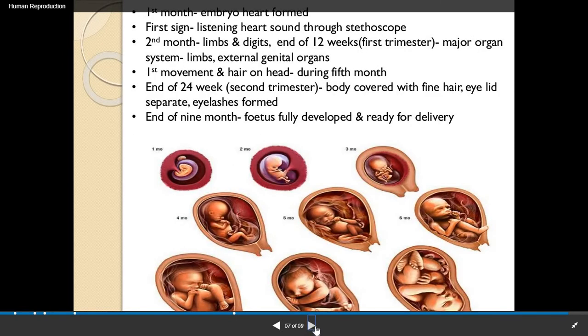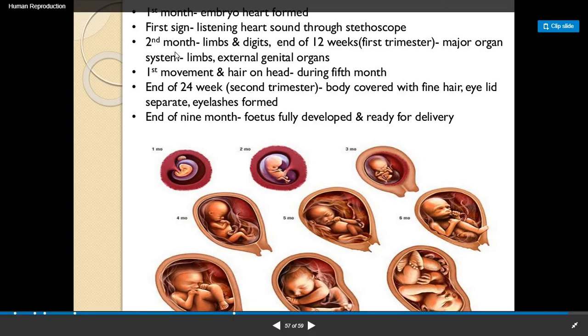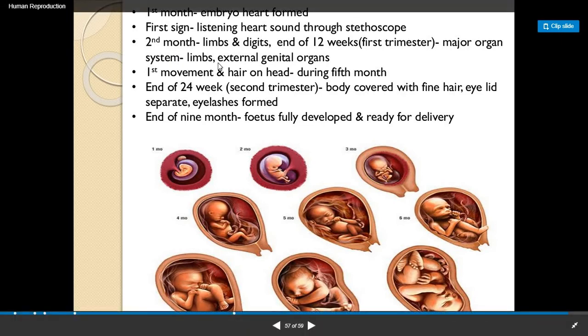During the first month, the embryo heart is formed, and the first sign is hearing the heart sound through a stethoscope. During the second month, limbs and digits form, and by the end of 12 weeks, the first trimester, major organ systems, limbs and external genital organs appear. First movement and hair on the head occur during the fifth month.